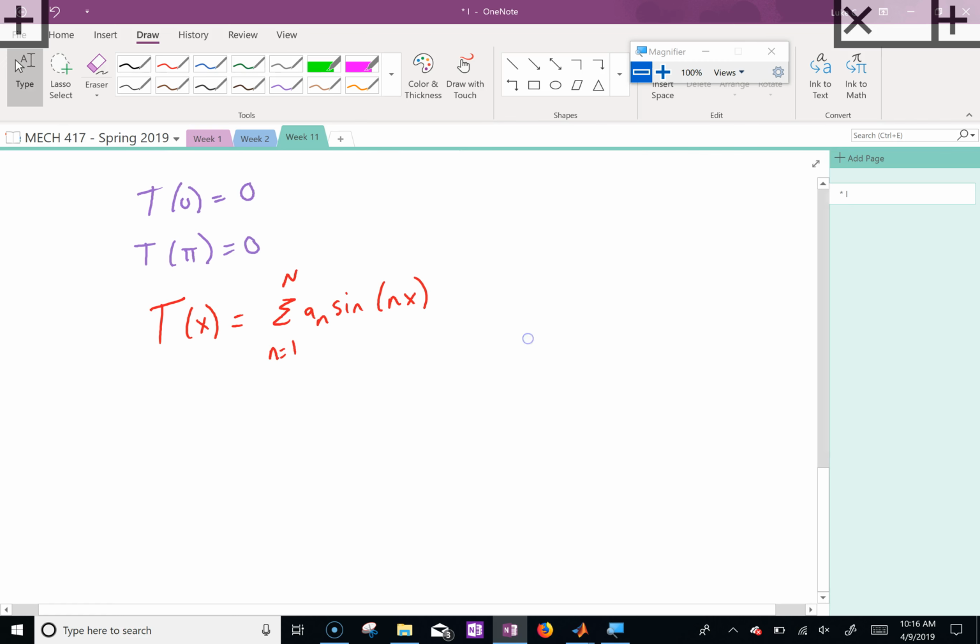And what we need to do is we need to take the derivative. So if we take the derivative of an sine of nx, it's just n times an cosine of nx. Nothing too dramatic right now, right? Now we're going to take the second derivative.